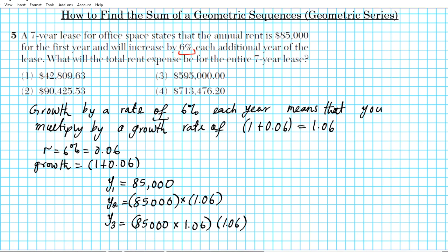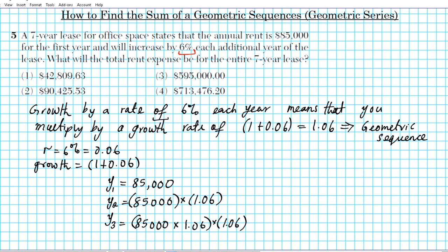So you keep multiplying by 1.06 over and over again. Whenever you keep multiplying by a constant value known as your common ratio, that, ladies and gentlemen, is a geometric sequence.